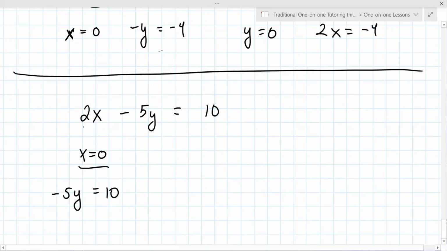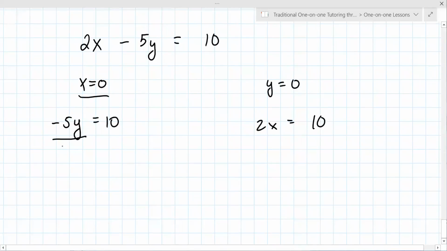That's why you cover it up. Now, when y is 0, you get 2x equals 10 because you cover up the y term. So you divide by negative 5, y is negative 2. You divide by 2, and x is 5.